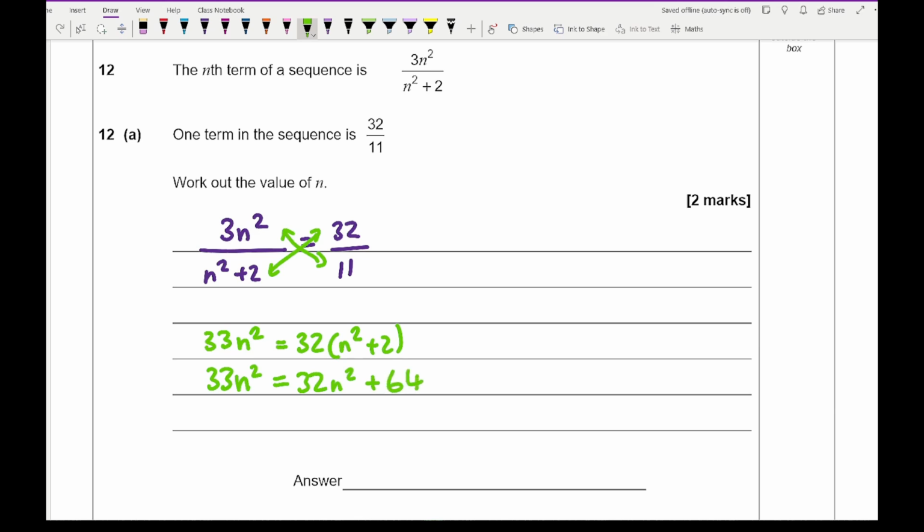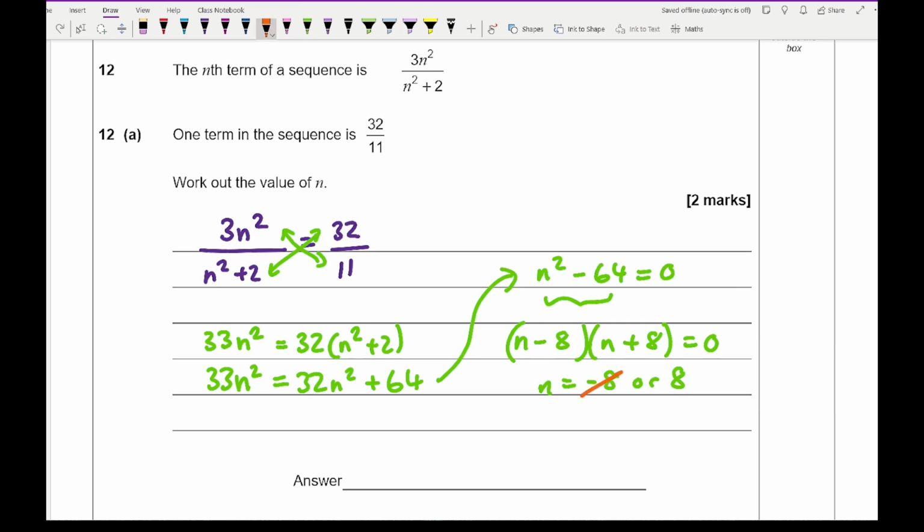And then if I simplify all of that, it's going to leave me with n squared minus 64 equals 0. This is a difference of two squares, so I've got n minus 8, n plus 8 equals 0, so n equals minus 8 or positive 8. Now as it's a sequence, n can't be negative, so n must equal 8.